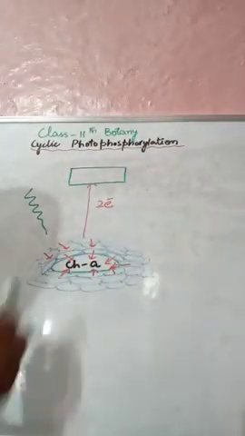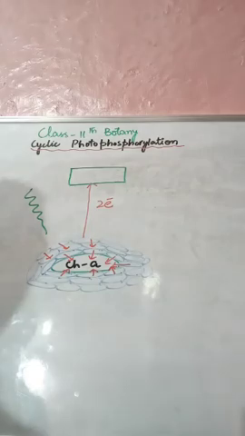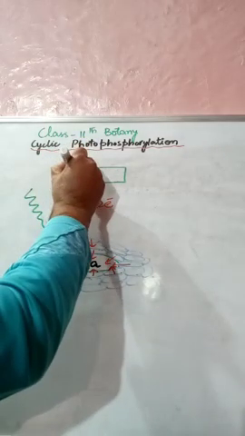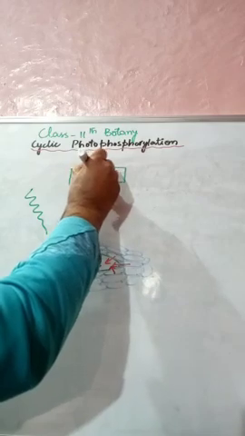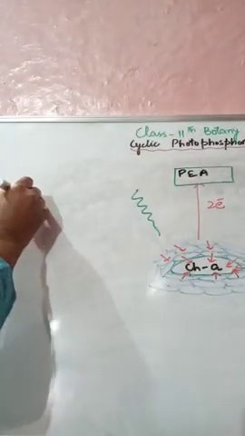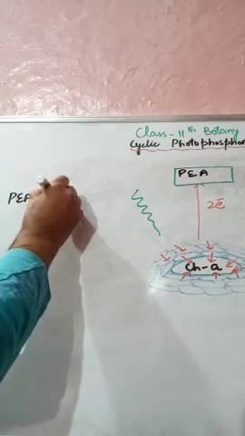Since this is the first electron which gets excited due to the sufficient energy absorbed by this chlorophyll A, that is called the PEA. Now I will write here the abbreviated form. What does PEA mean?